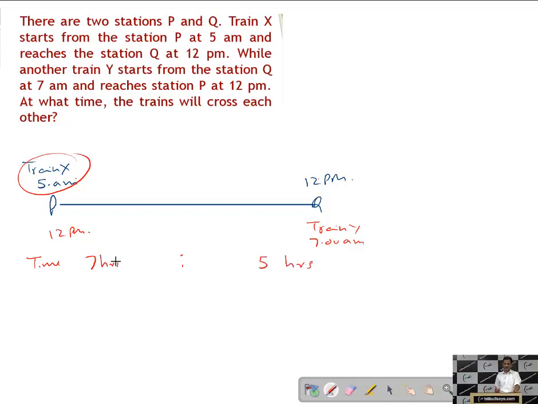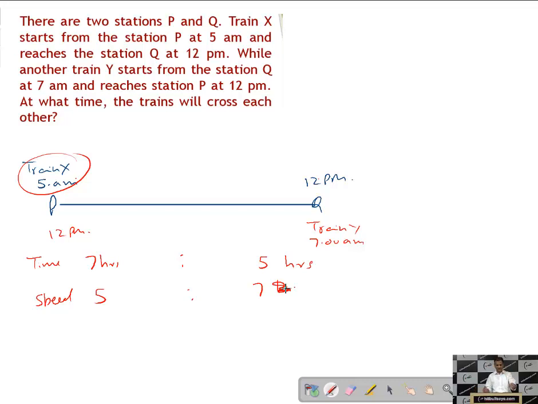The ratio of the time is 7:5, students. After that the ratio of the speed will be reverse, because time and speed have an inverse relation, student. If the time is 7 hours for train X and 5 hours for train Y, the speed will be 5:7.